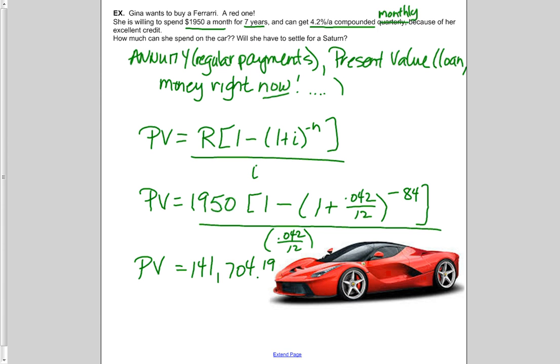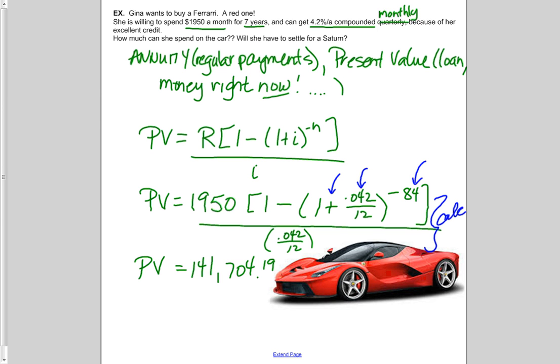$141,704.19. If you are having trouble entering that on your calculator, please talk to me tomorrow and we can make sure we can get all that entered correctly in your calculator. If you are struggling, a good strategy is to work from the inside out. So you would type that in first and then you would add 1 second.